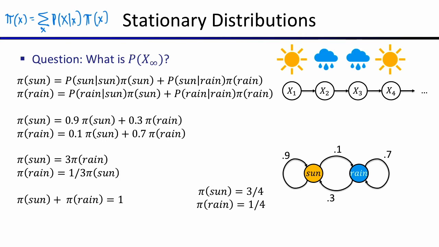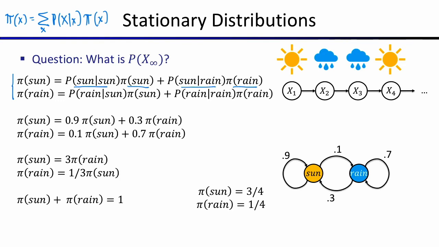And we make a small system of linear equations here. We state that pi of sun, the stationary distribution for sun, is going to be the sum of being in the stationary distribution and transitioning from sun to sun, so I was in sun and continue to be in sun, plus the probability that I was in rain and I'm transitioning from rain to sun.